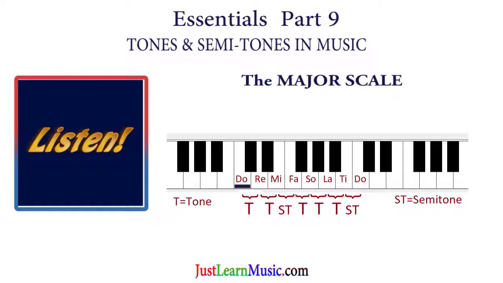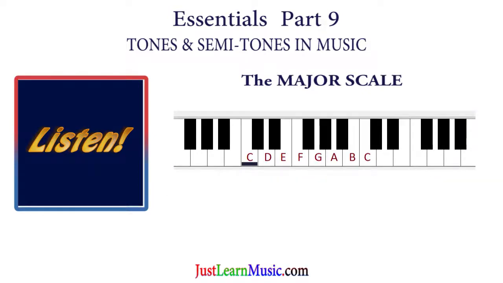So if you notice, on the keyboard that is given to you as a reference, there exist certain places between two white keys where there is no black key. These two places are very specific, and they are between E and F and between B and C. So if you are moving up from B to C, you are moving up a semitone because there is no black key.